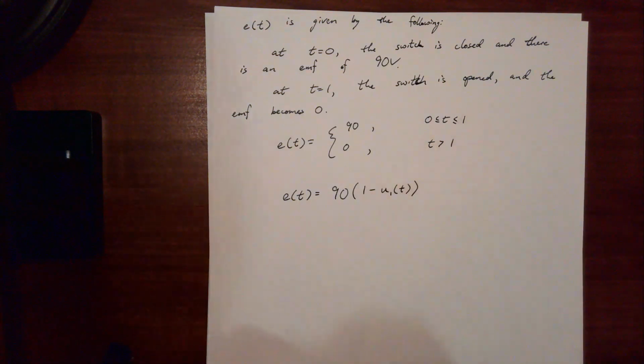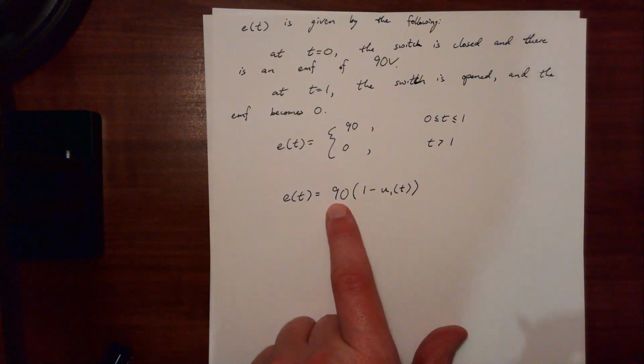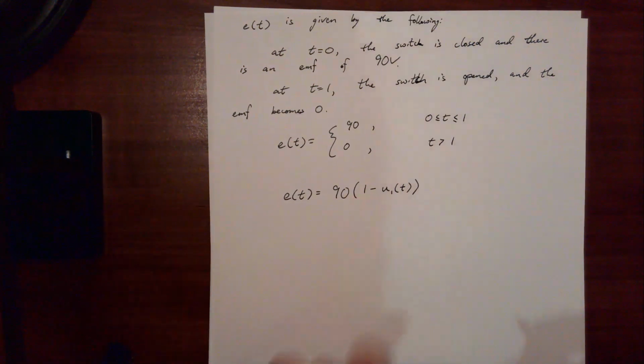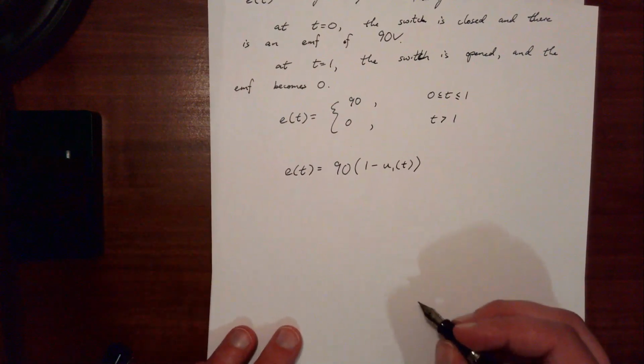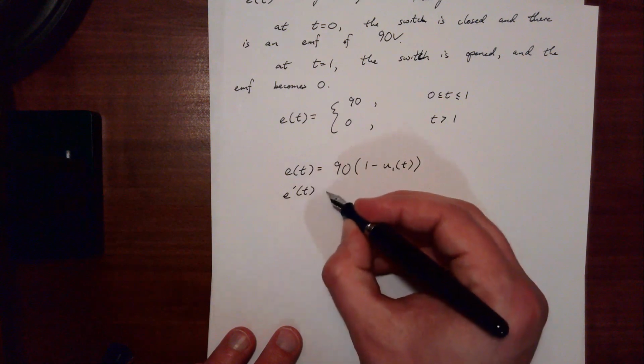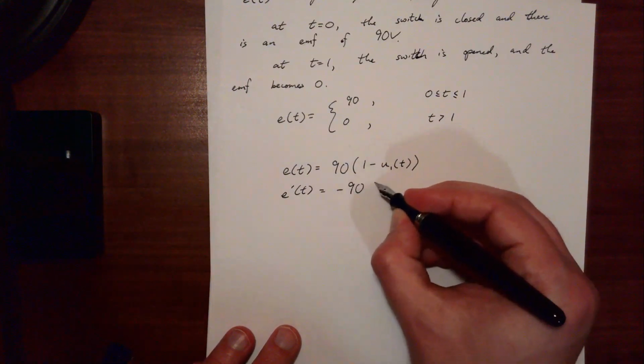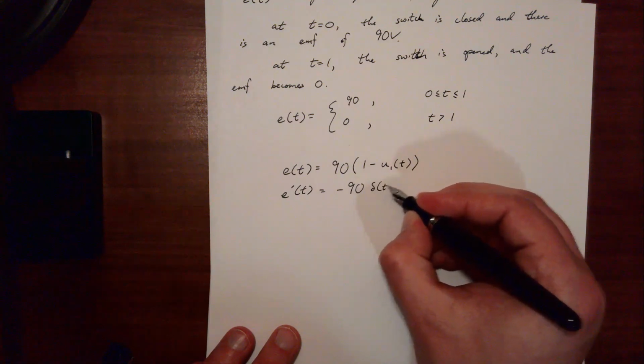And just to confirm that this works, that will be 0 until t equals 1, at which point it'll be 1. So this will be 90 until t equals 1, at which point it'll be 0. Perfect. Okay, well then, what's E prime of t? Well, E prime of t would then be negative 90 times the delta function of t minus 1.